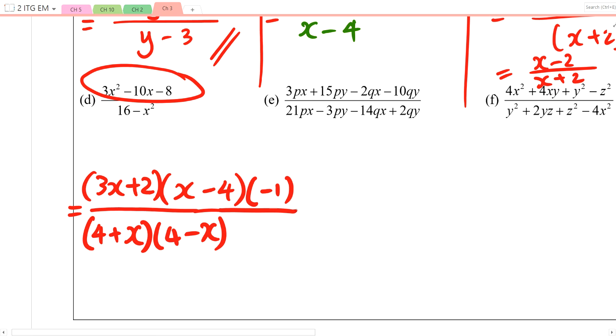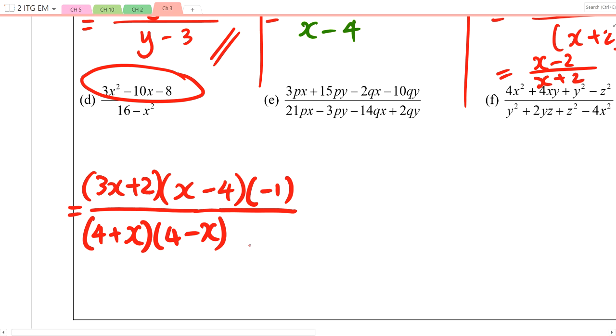But can I simply just multiply by negative 1 and expect everything to be the same? Cannot. What should I do? If I multiply the numerator by negative 1, what should I do in order to make the fraction the same? Multiply negative 1 to this part. Is it now the same? Same, right?